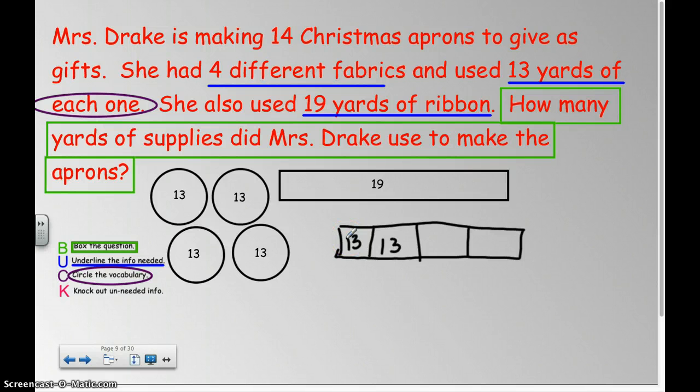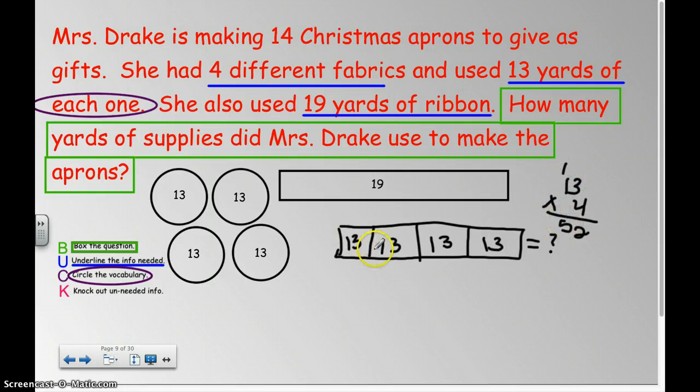So I'm going to do 13, 13, 13, and 13. This is how you know it's multiplication, because you do not know what it equals. In addition and multiplication, you're trying to figure out what it equals. In multiplication and division, you know what it equals, but you don't know how many pieces there are. So I can easily do 13 times 4.